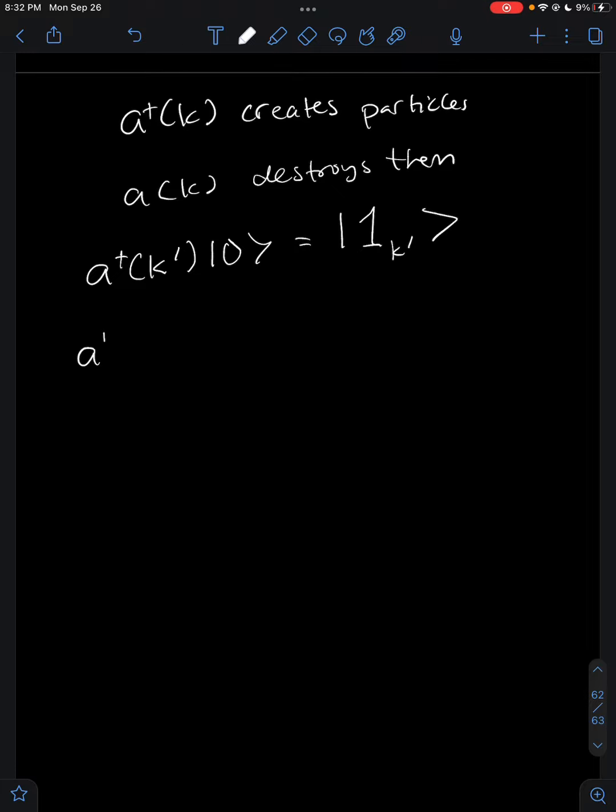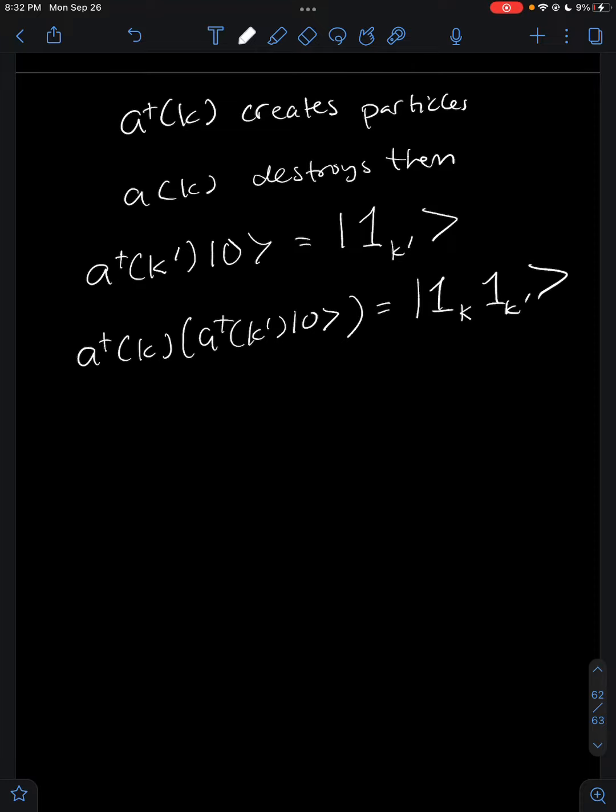Now, if we have A conjugate k acting on A conjugate k prime acting on the vacuum state, that's going to give us one particle with momentum k and another particle with momentum k prime. And we can do the math to verify this, but using our intuition that we've developed from the first part of this video, we can understand why this makes sense.